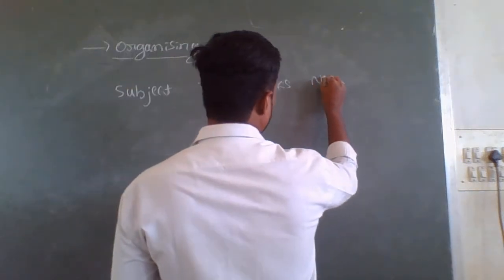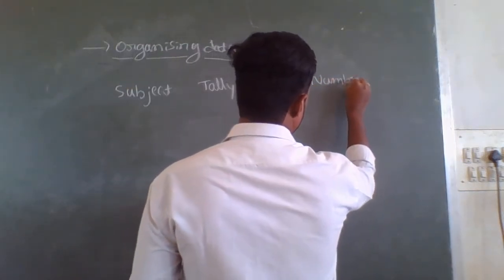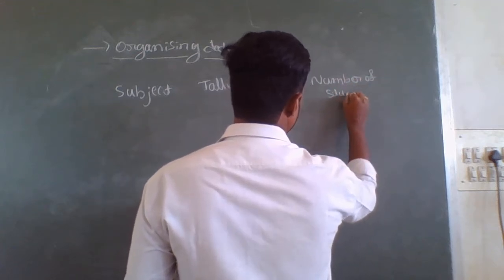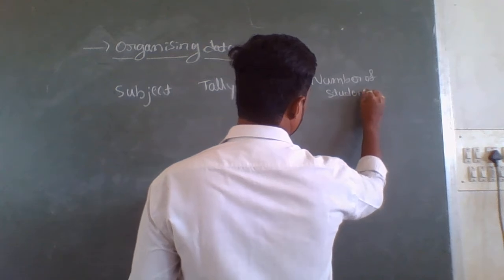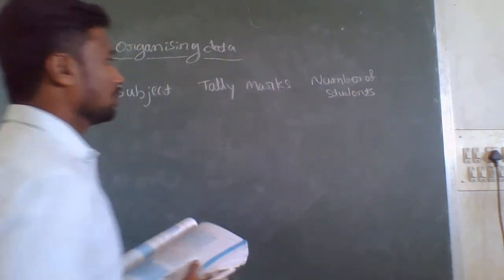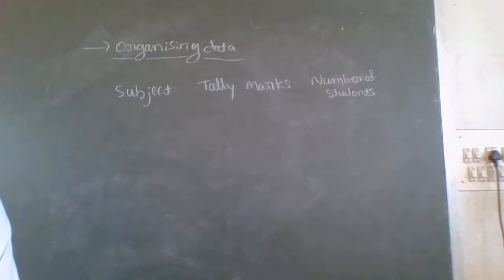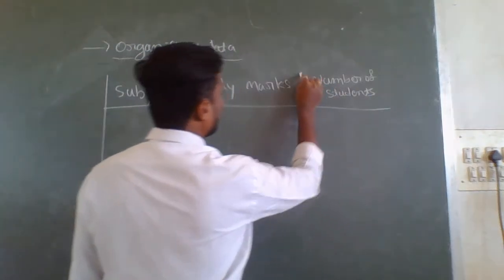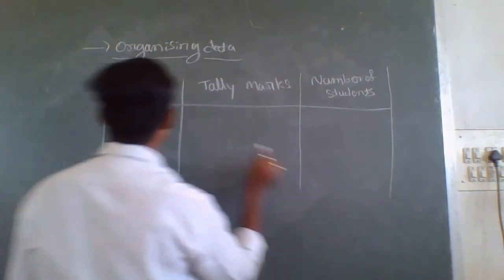It contains three columns: subject, tally marks, and number of students.